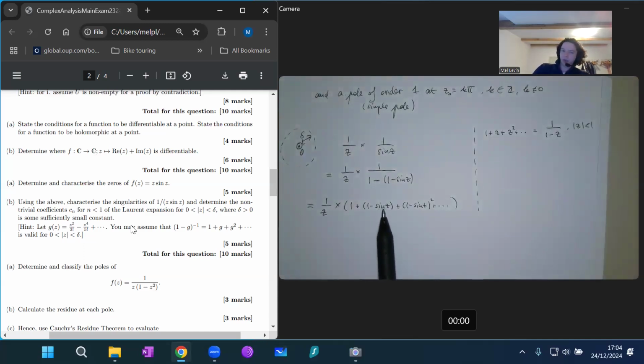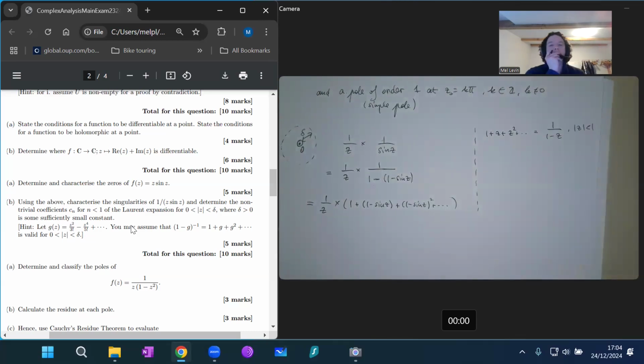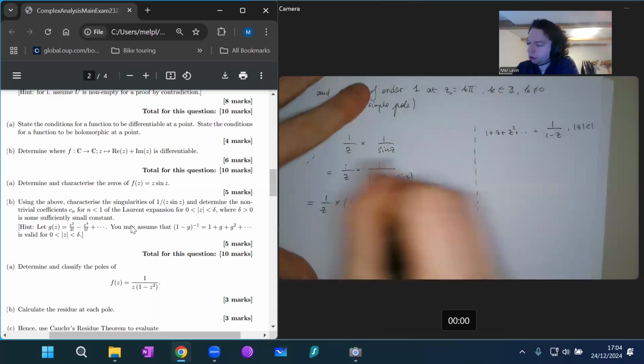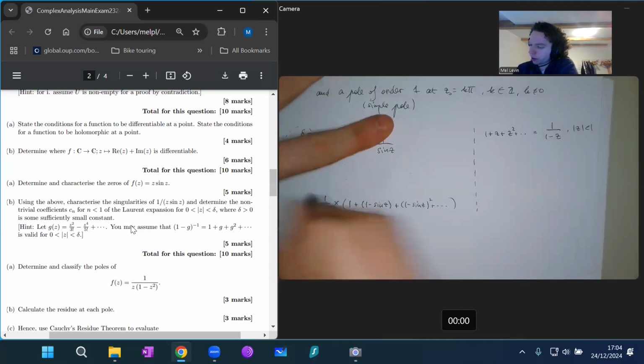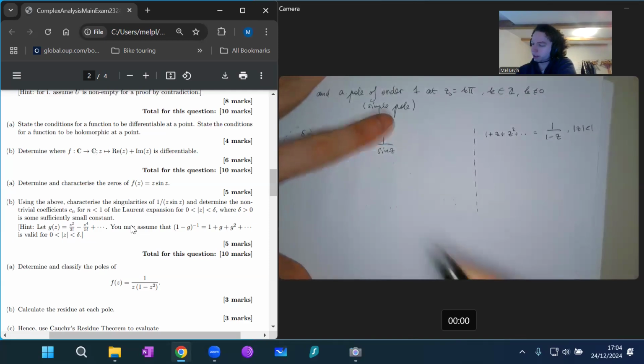The problem with that is that what we'll get is a Taylor series, if I'm not mistaken. Yeah, we'll get a Taylor series, not a Laurent series. So we need to work this a little differently. Let me delete that.